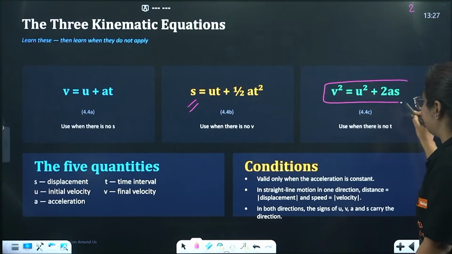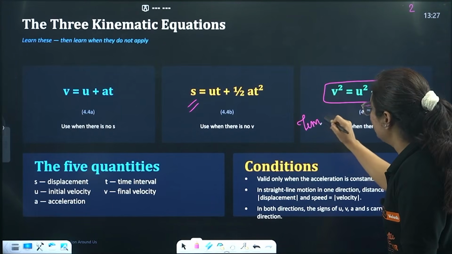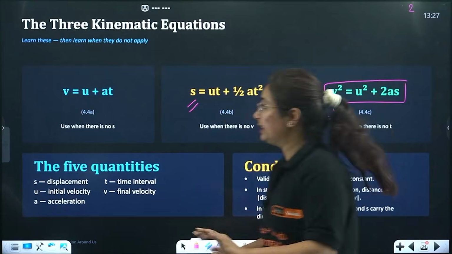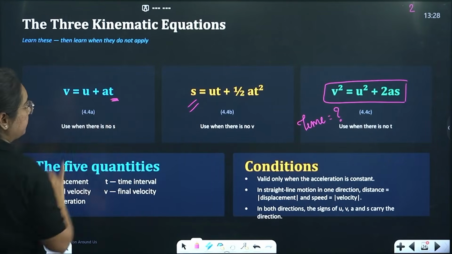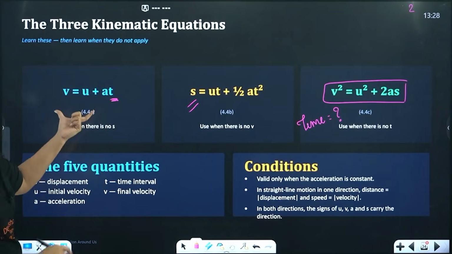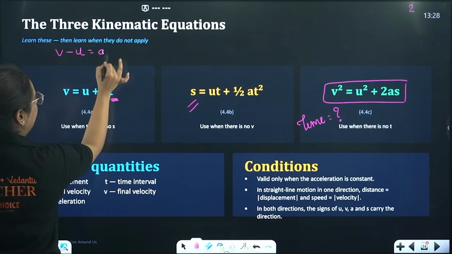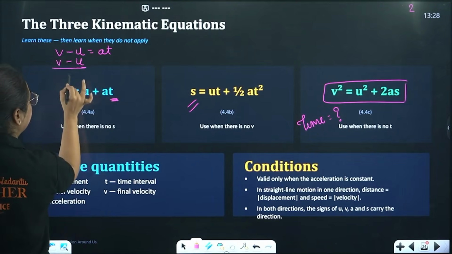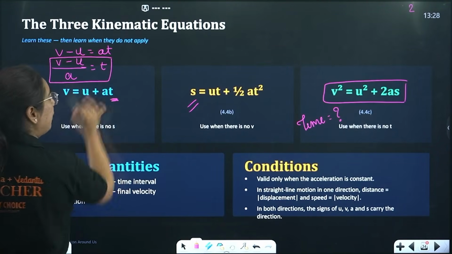Now this one. Why this one? Because there might be cases when you don't actually know the time. When you don't know the time, beta, you will figure it out like this. So here it is T. Can we extract the value of T from it? Yes. V minus U equals AT. Hence, V minus U upon A becomes T. So, this is the value of time.